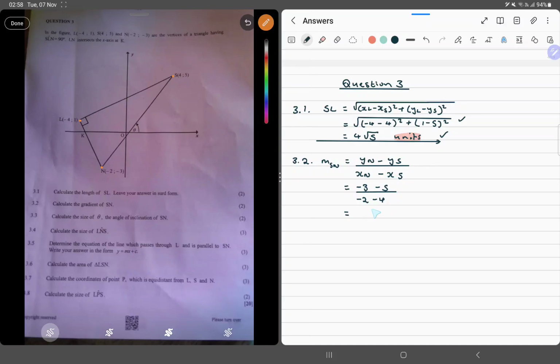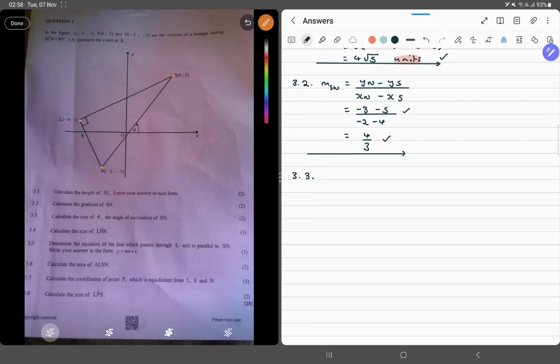So this is minus 8 over minus 6. So this is basically 4 over 3. Okay, so that is the answer right there. Marks for those substitutions and the answer.